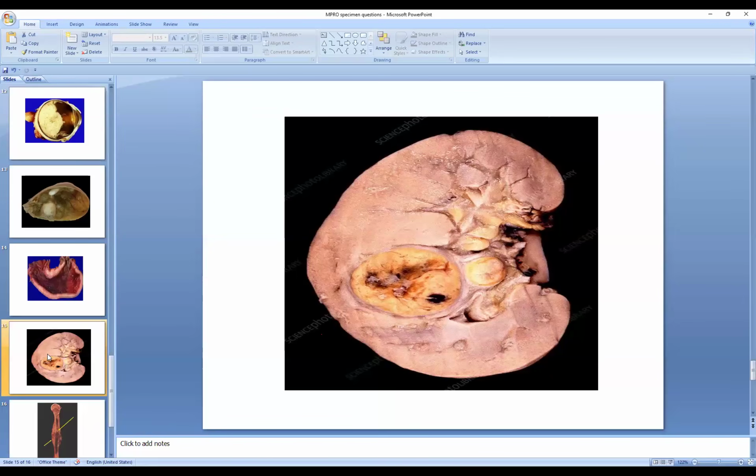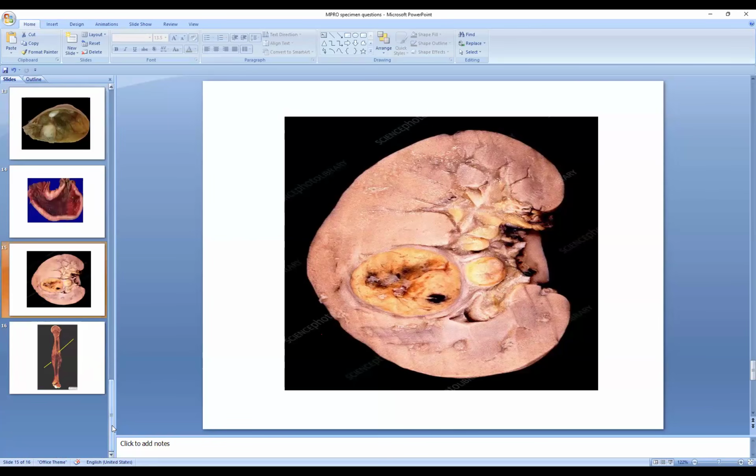So next specimen is visible to you. Please identify the specimen. Sir, this is a gross specimen of a nephrectomy specimen showing a lesion in the cortex with areas of necrosis and hemorrhage. So mostly it is renal cell carcinoma. Nice.